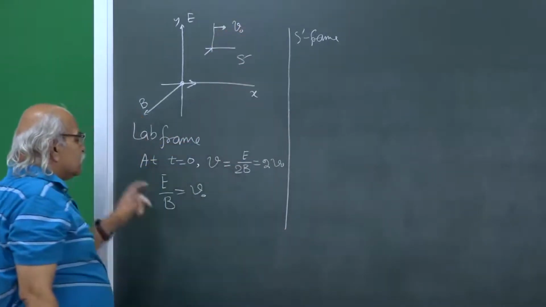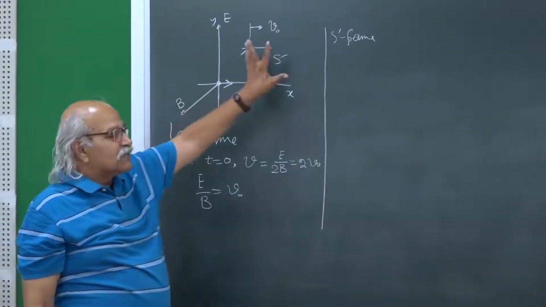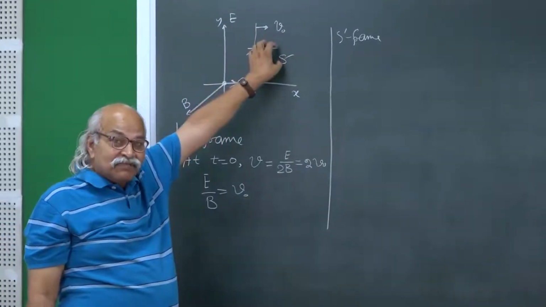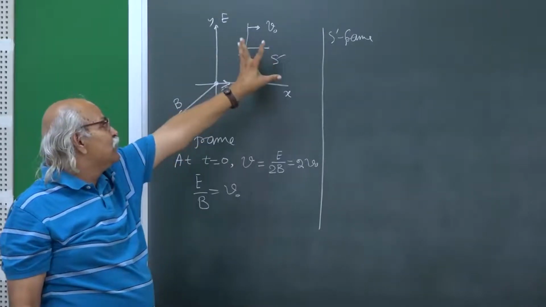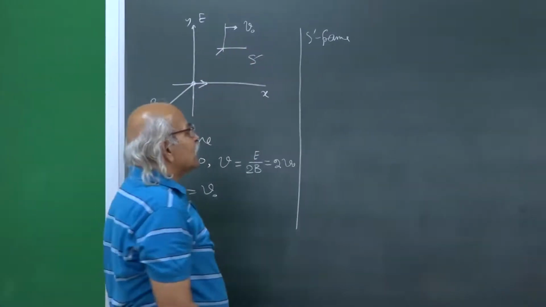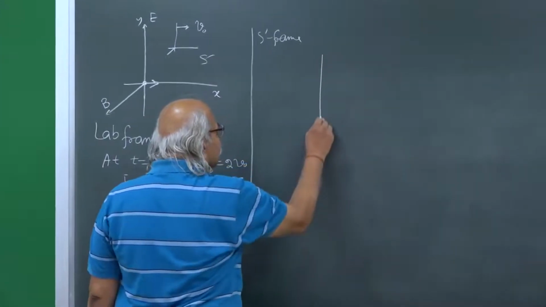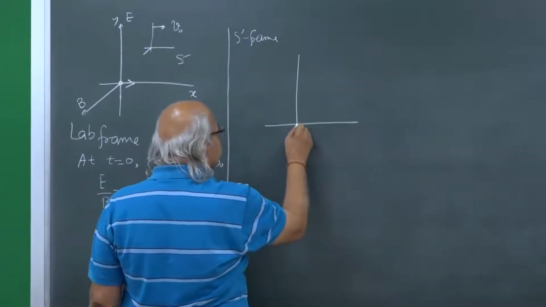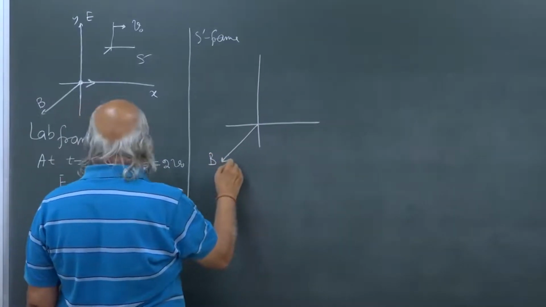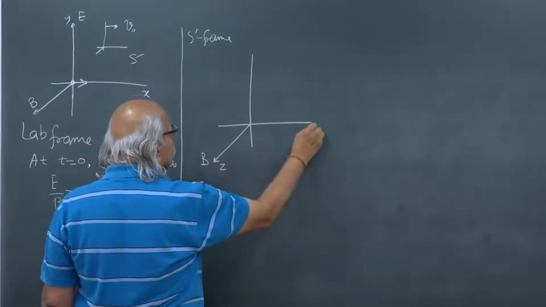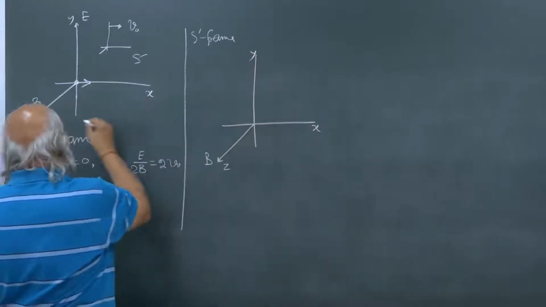V naught is just E by B, because this is the frame in which the electric field goes to 0. So in this frame there is no electric field, you only have magnetic field in z direction, and that is B, this is z direction, this is x direction, and this is y direction.